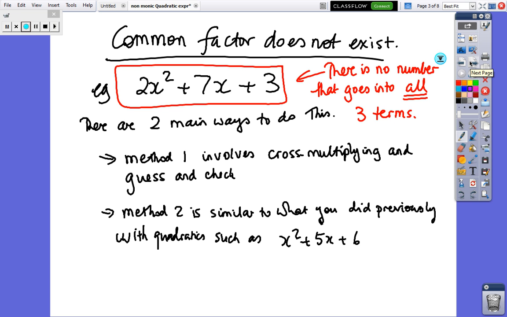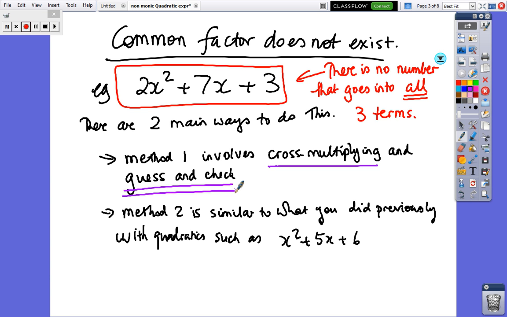Okay, so there's another type of question where a common factor doesn't exist. So if I'm looking at 2x squared plus 7x plus 3, there's no number that goes into all three terms. Like 2 doesn't go into 7, 2 doesn't go into 3, 3 doesn't go into 7, there's nothing. So there are two ways that I teach. One involves what I'm calling cross multiplying, but then after that it's guess and check.